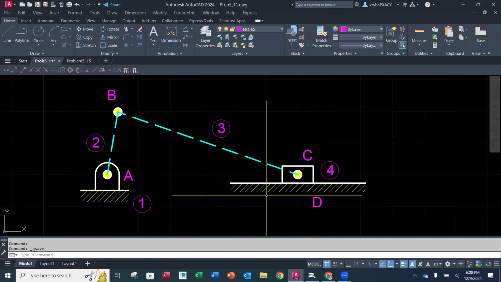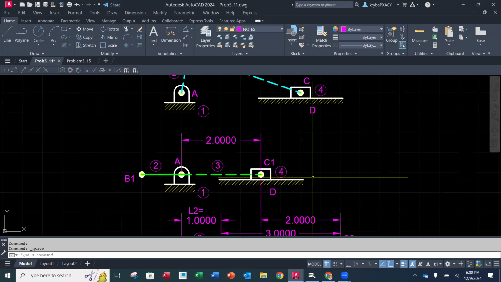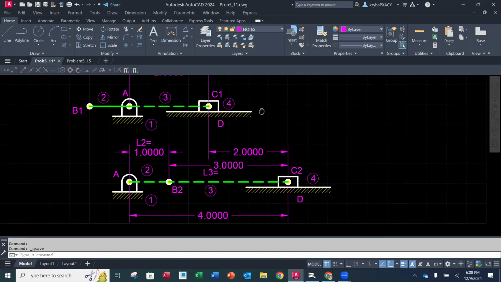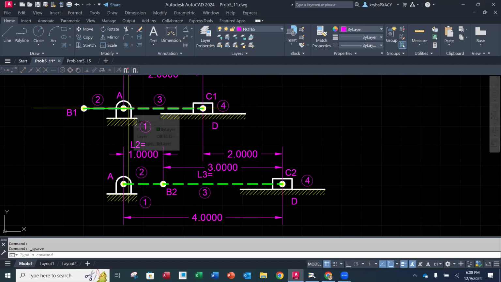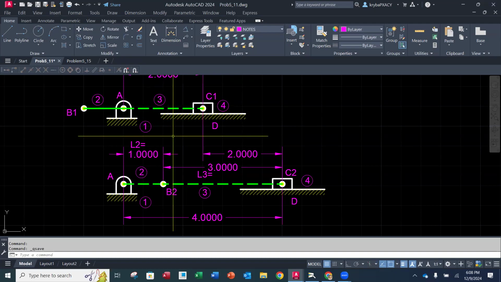Now, what I did for this problem, and this is really where the design starts, we knew that our stroke was 2 inches. So I drew this in 2 phases. I didn't want to go over the top because I thought it was a little bit cluttered to look at. So in the diagram above here, I have this in the most leftward position for the stroke.